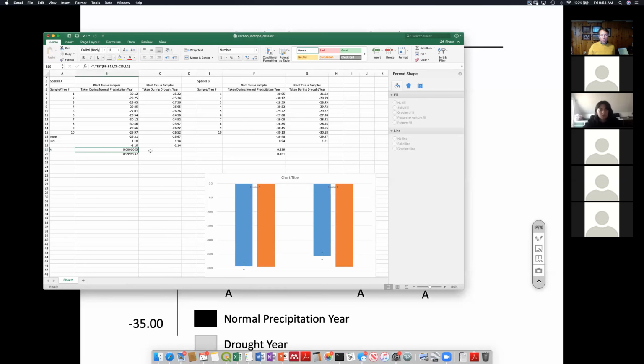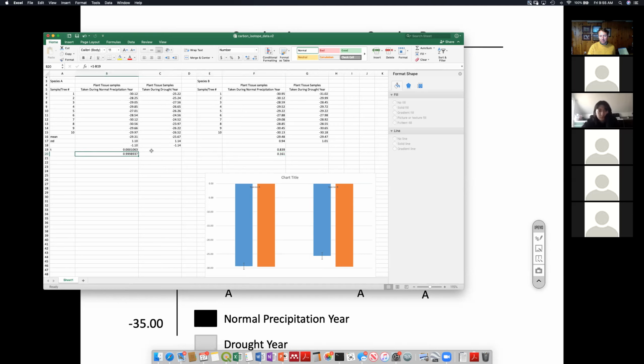Okay, so for these guys, the probability that these are different populations is less than 0.01%. And the probability that these are different populations is 84%. The probability that these are the same populations is 16%.